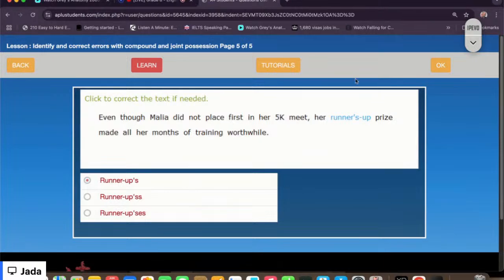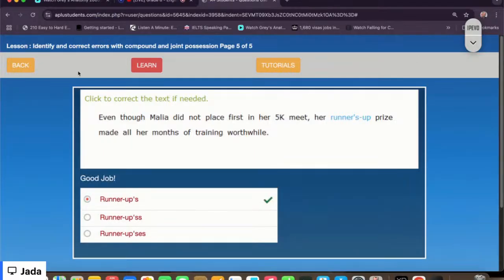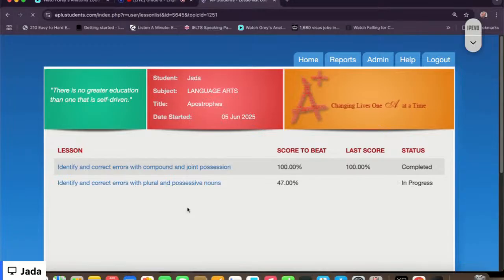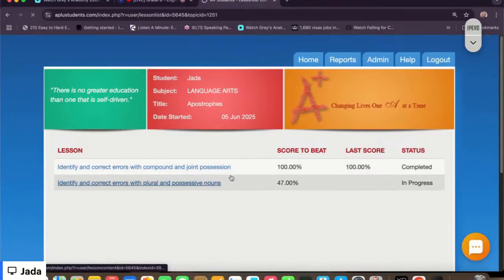Okay, so we have runner-up, so it's the first one. Okay, that's it for this first lesson. We'll move on to the next one, which is identify and correct errors with plural and possessive nouns.